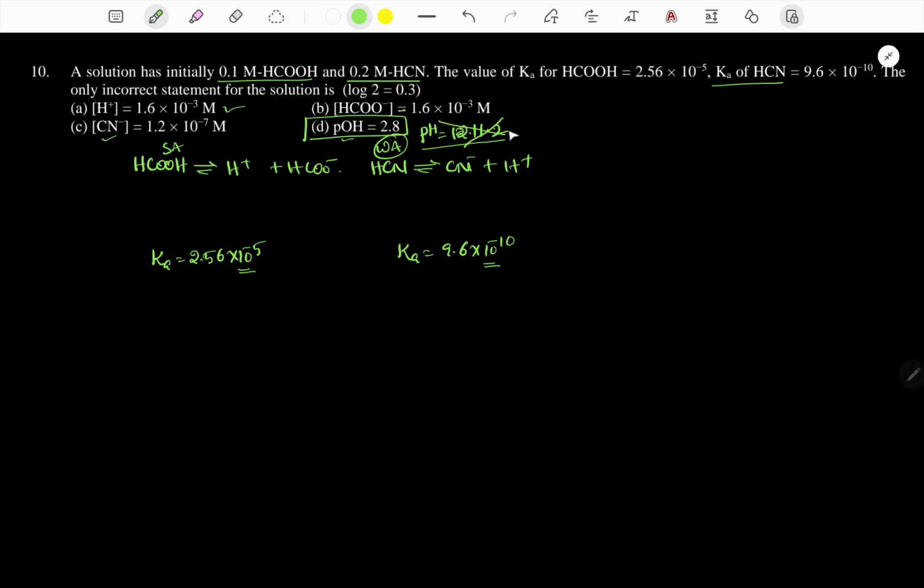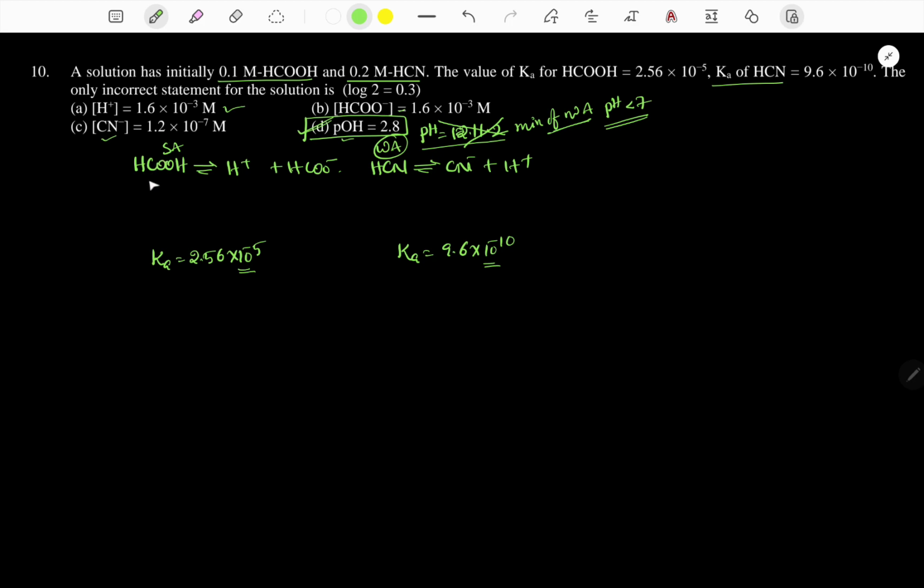Why not at all possible? Here we have a mixture of weak acids, and a mixture of weak acids always has pH value less than 7. So option D is incorrect. Directly, without any calculation, if you observe this point immediately, you can mark the answer.